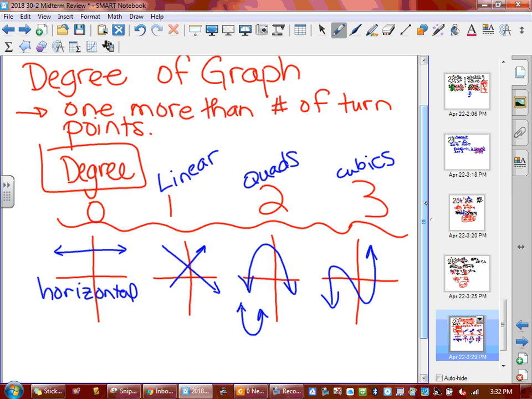So that's what's going on with the degrees of the graphs. And it's a numeric response question where it says match the degree to the graph. And you literally have to match the numbers 0, 1, 2, and 3 to which graph. Okay? Any other questions about degrees for graphs? No? Okay. Alrighty.